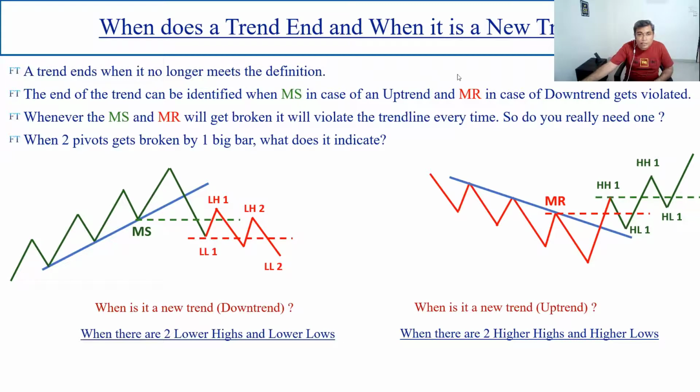So do you really need one? Now, mark my words, this is very important, and it will clear your doubt, especially if you are a new trader or a beginner. Trust me, think logically, ask yourself. We have a definition, we have the guidelines of an uptrend and a downtrend. Every time your major support gets broken, your trend line will also get violated.